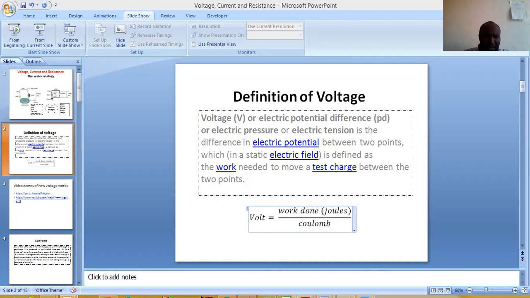Again, we can come up with a triangle that relates electrical energy in joules, power and time. So electrical energy in joules is given by power in watts multiplied by time in seconds.